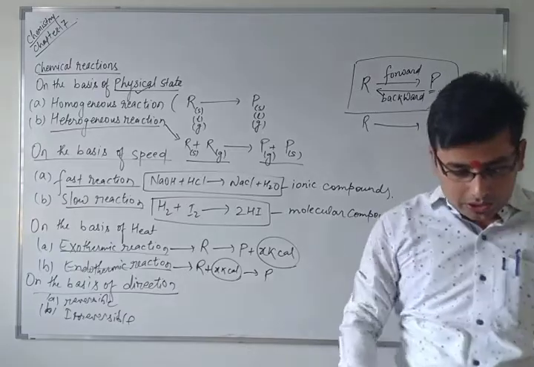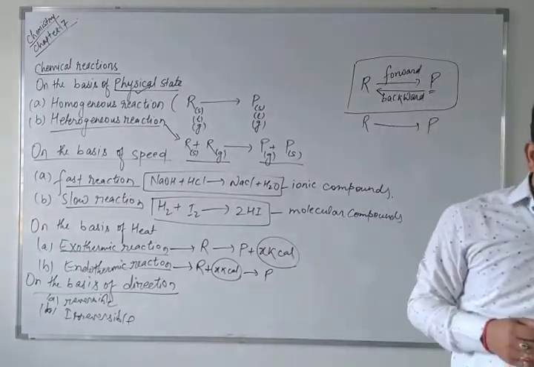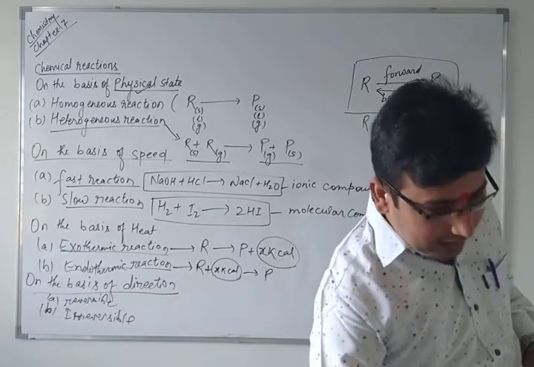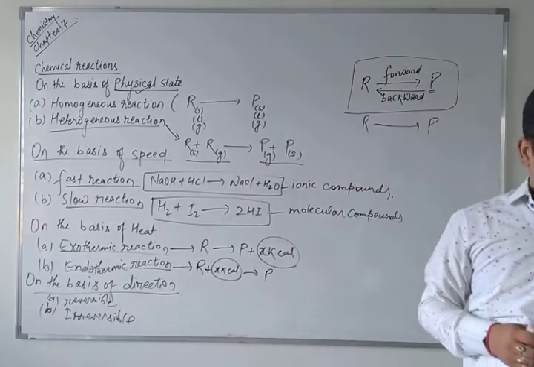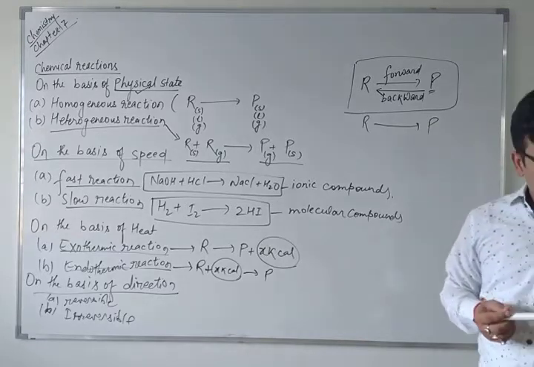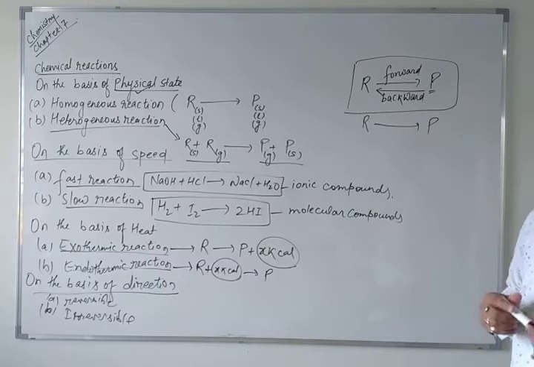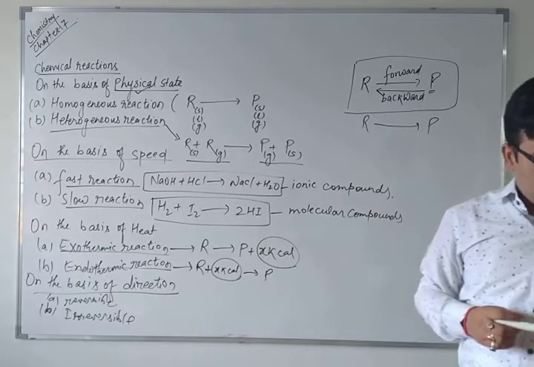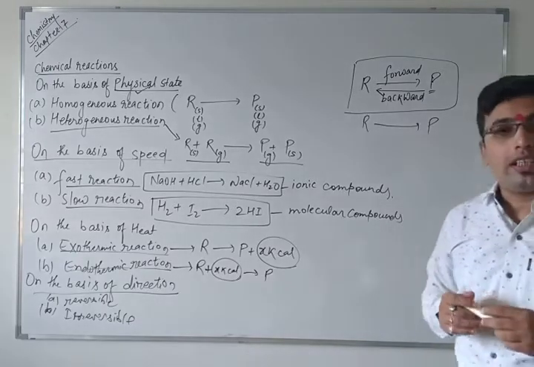If anybody asks you, sir, what is this equilibrium state: the reactant is converted into the product and the product is converted into the reactant, means they have both directions, forward and backward. This is possible only in closed containers.